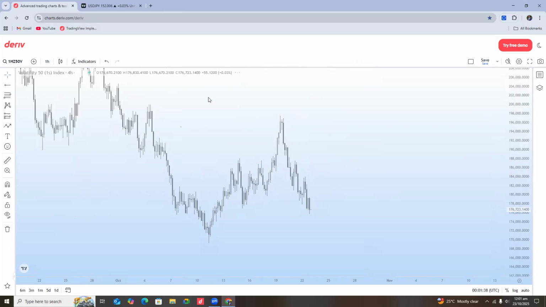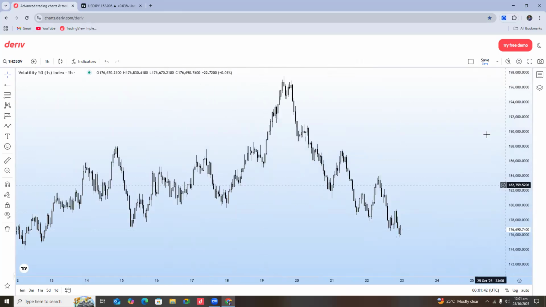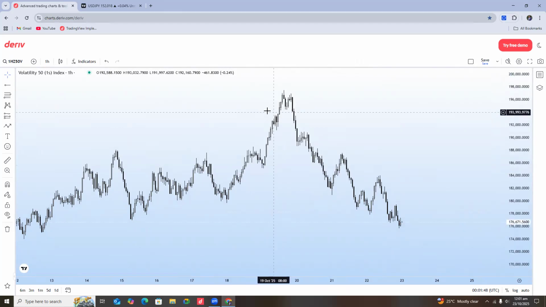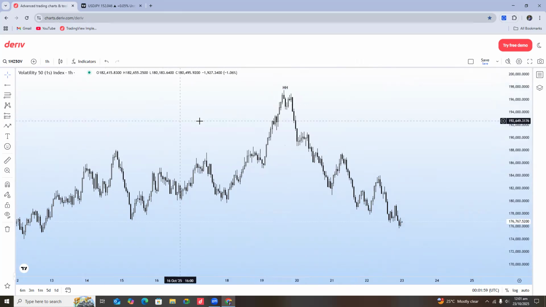Let's see how H1 looks like. Nice. Okay, I think this is fine. I won't go further down. So as it was going, forming highs, this was the last higher high here. So ideally, this should have broken it and formed a new high.